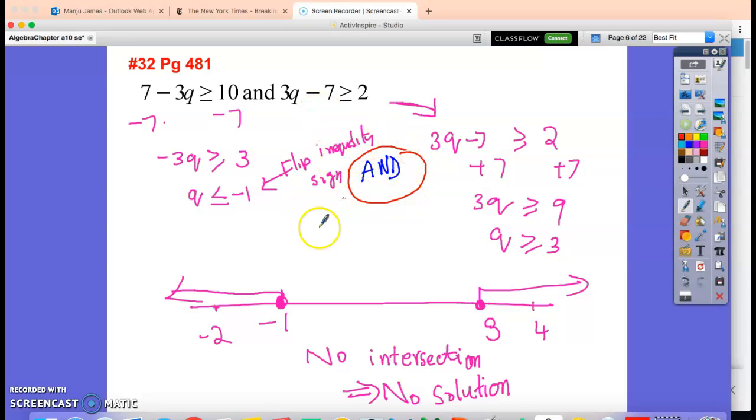Since it's an "and", both inequalities have to be true, right? So there is no intersection. It just goes in the opposite direction. So there is no intersection, which means there is no solution. That's what you have to remember.